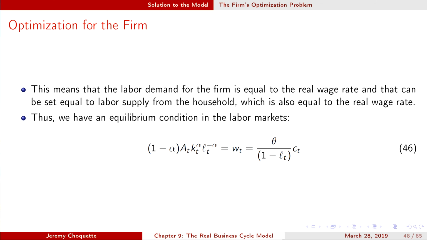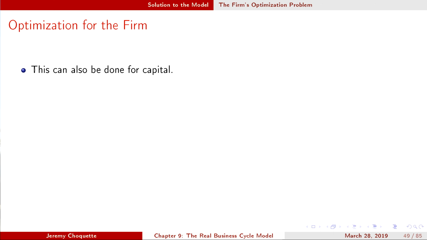If we find the optimal quantity of labor, then we don't need to know the price of labor. It has to do with this model satisfying both welfare theorems of economics. The first welfare theorem means we would need to solve this out in a decentralized format. The second welfare theorem means we would be able to solve it out in a centralized format. If both of them are satisfied at the same point in time, the centralized and decentralized solutions end up becoming the same. Now, this can also be done for capital.